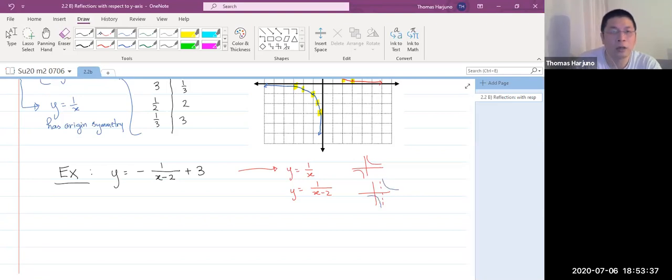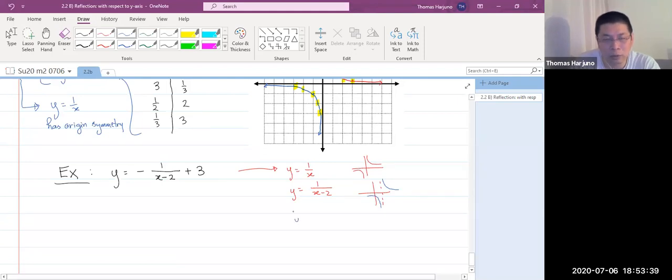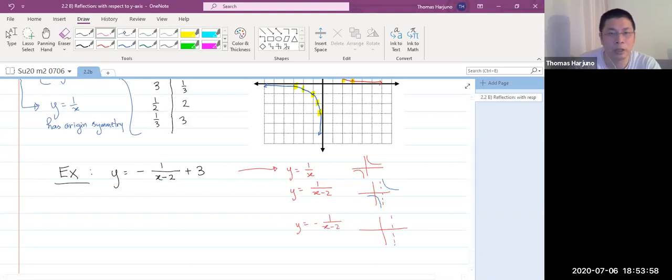And then I reflect with respect to the x-axis. y equals negative 1 over x minus 2 means I reflect that with respect to the x-axis. So it becomes like this.